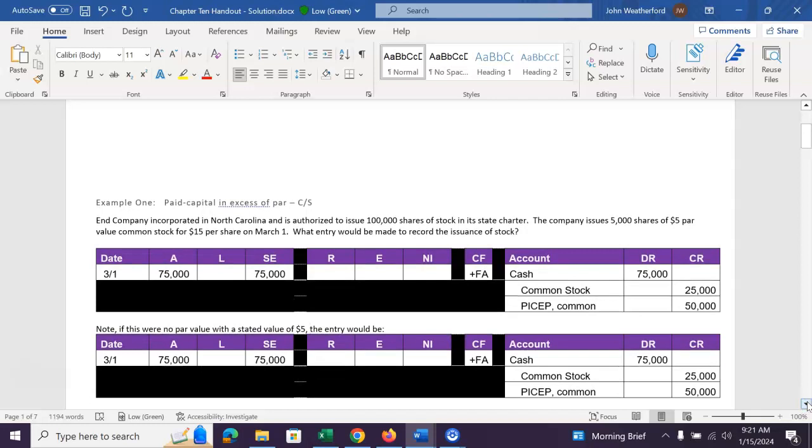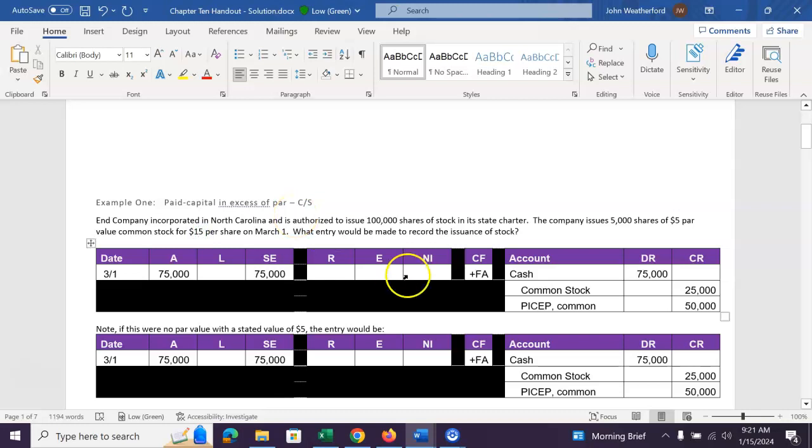Now that's just, I guess, a way of telling you in journal entry form that if there's a par value or a stated value assigned to the shares in the charter, then we will put the common stock on the books at par or stated value per share, right? So let's run through the numbers here. Of course, cash again is just 5,000 shares issued at $15 per share.